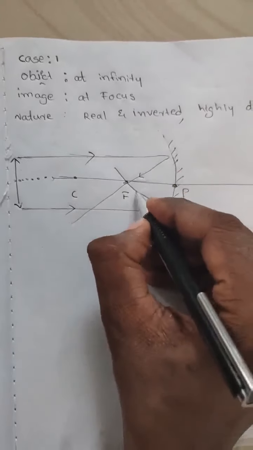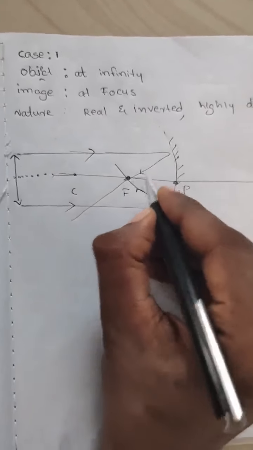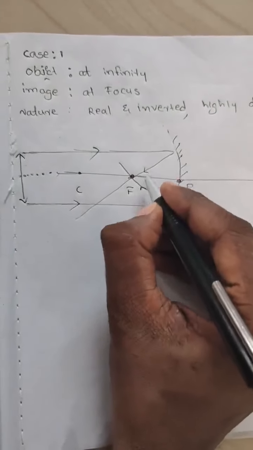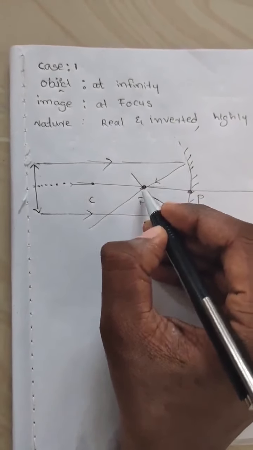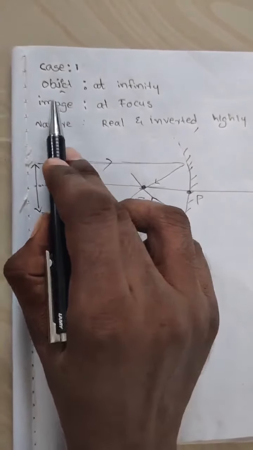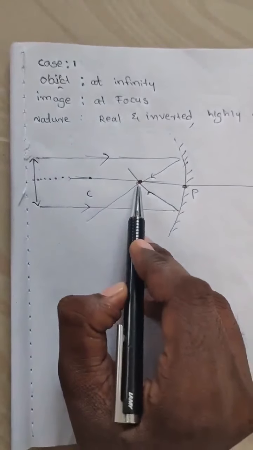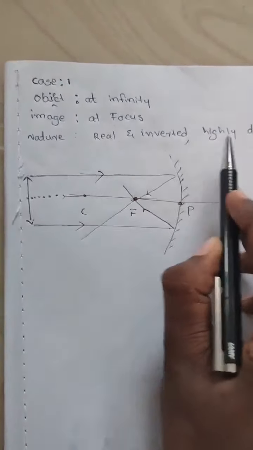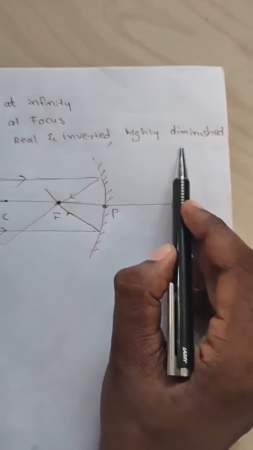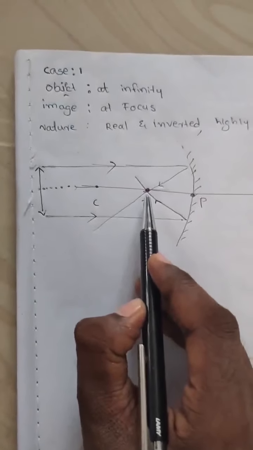At this point, these two reflected rays meet, hence we know that at this meeting point the image is formed, hence the image is formed at focus. The image of this object is formed at this point, and it is highly diminished, and its nature is real and inverted.